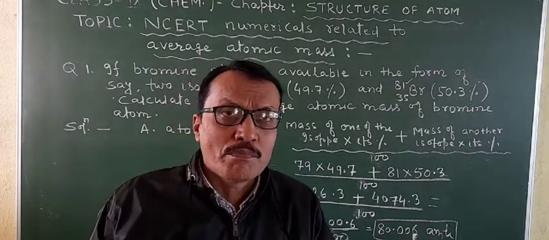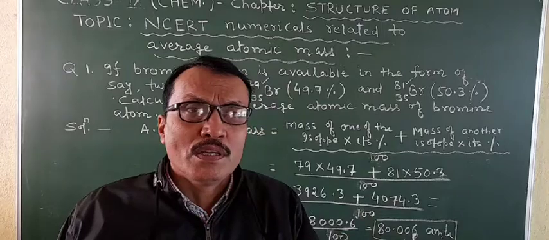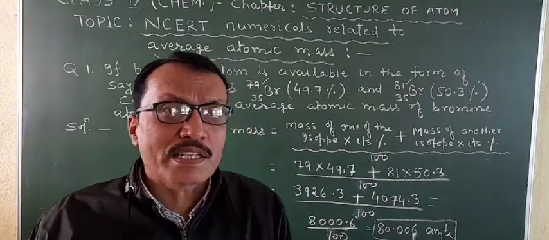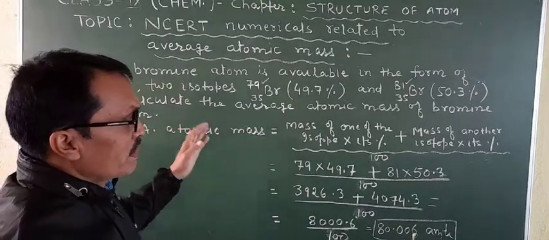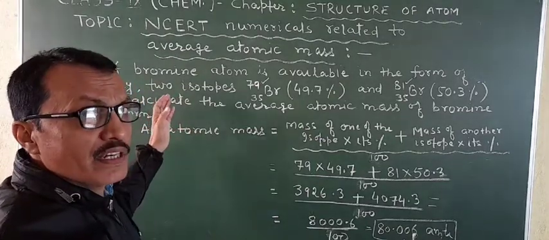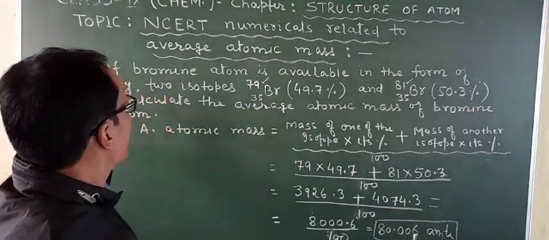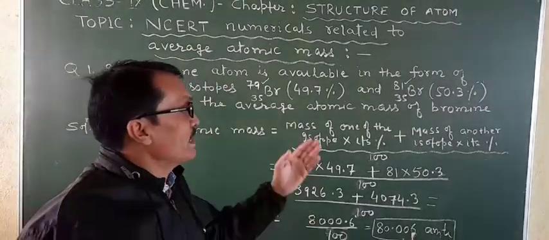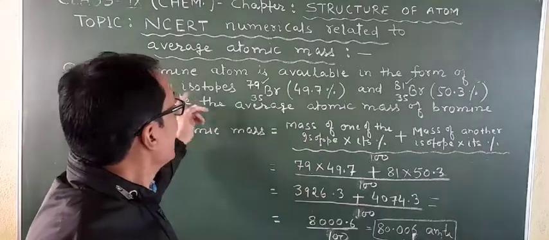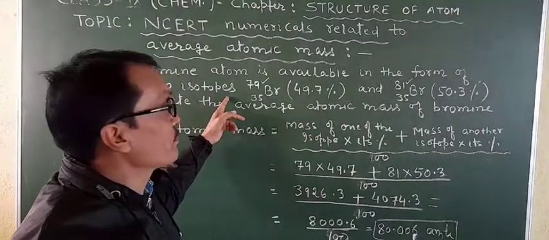So students, from one example we will try to understand the topic, and the question I have taken from your NCERT exercise. The question is: bromine is available in the form of two isotopes.